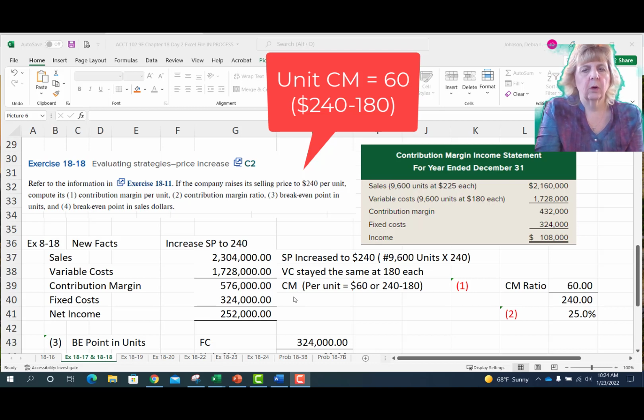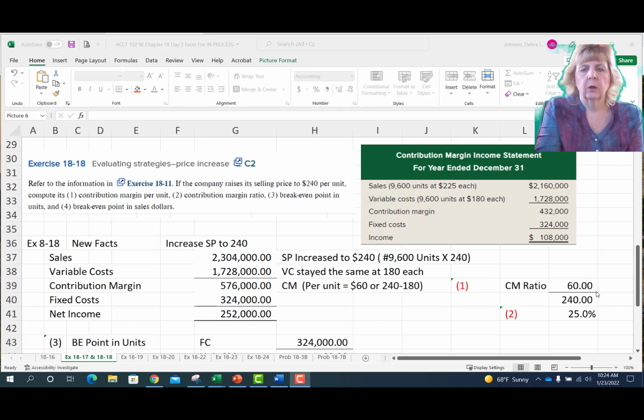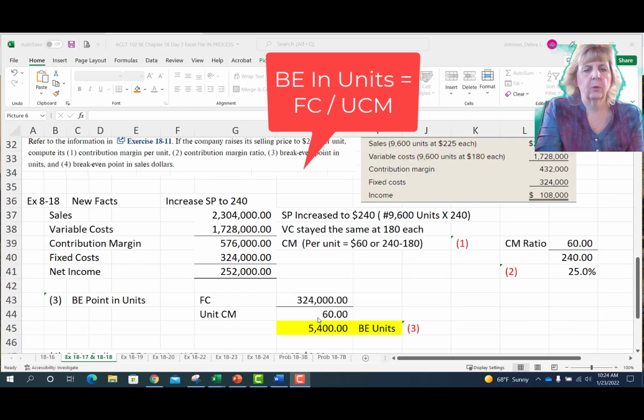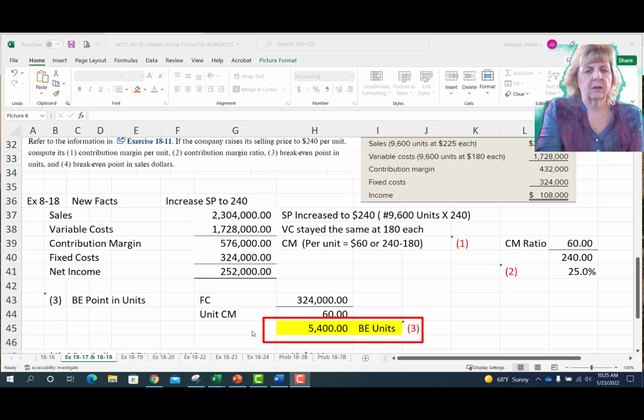The second thing the author wanted was the contribution margin ratio. We would take that $60 in contribution margin divided by the sales price of $240, and we come up with 25%. Number 3 wanted the break-even point in units. Okay, we know that the formula for break-even point in units says take the fixed costs, $324,000, divided by the new unit contribution margin of $60 per unit. When we input that into our calculators, we got 5,400 units, and then the author also asked for sales dollars.